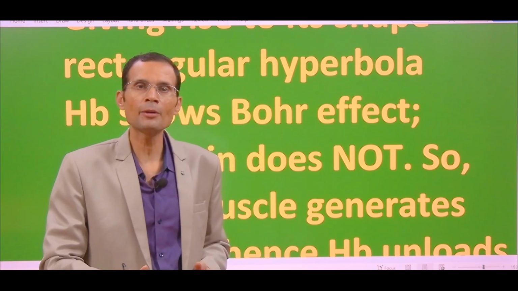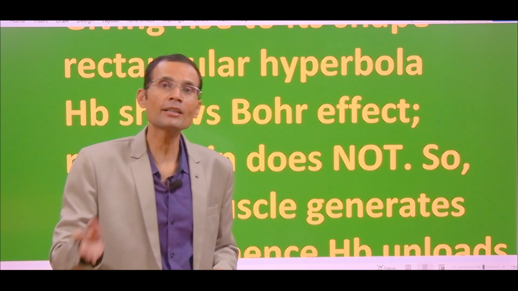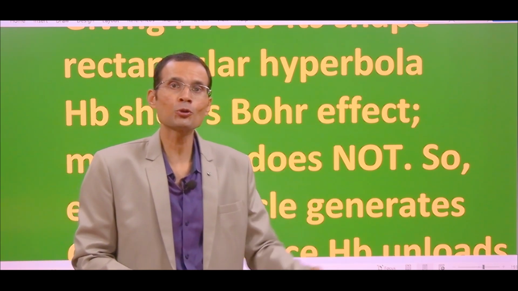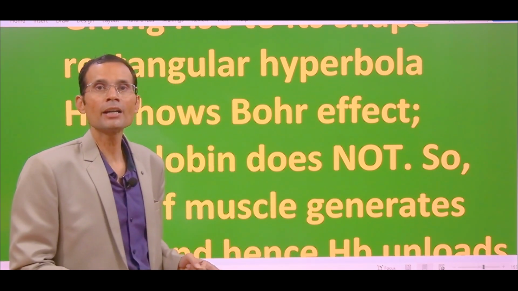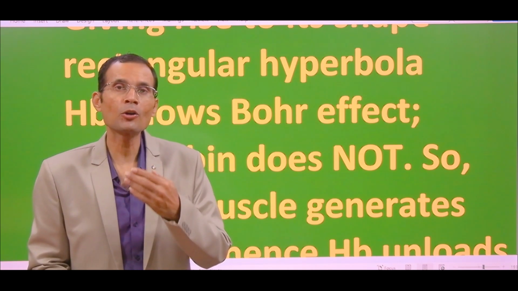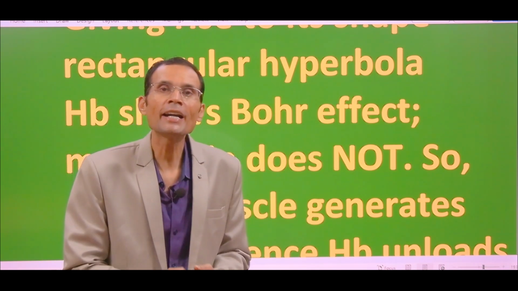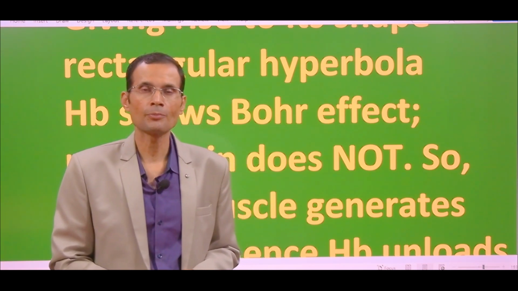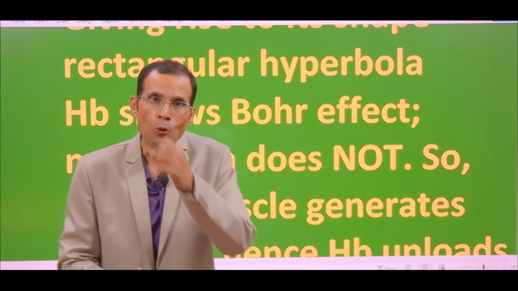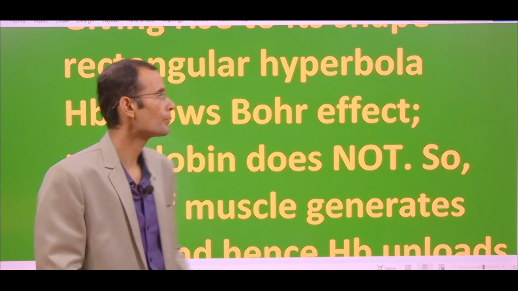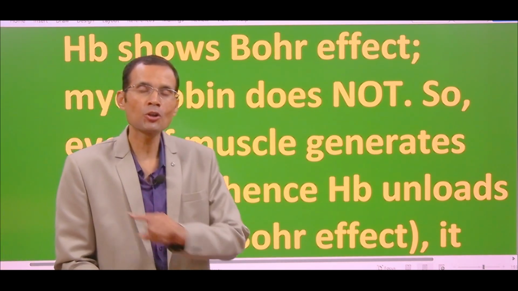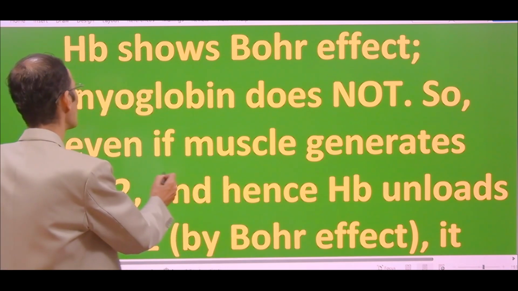Increased carbon dioxide means hemoglobin will liberate its oxygen readily. If this effect was also there with myoglobin, then it would interfere with myoglobin's ability to bind the oxygen. It would continue to liberate the oxygen. We want myoglobin to hold the oxygen for some time. That would not have happened, and therefore remember, myoglobin does not have Bohr's effect like the hemoglobin.